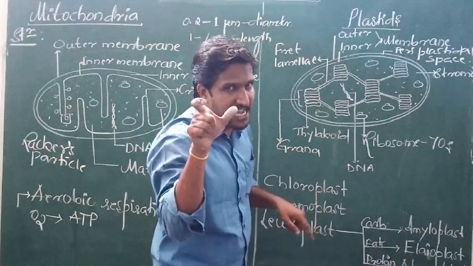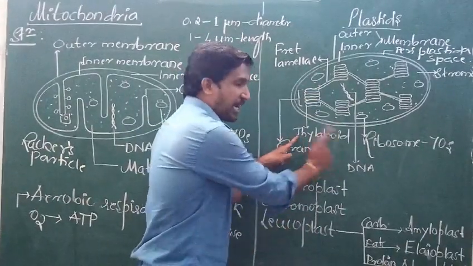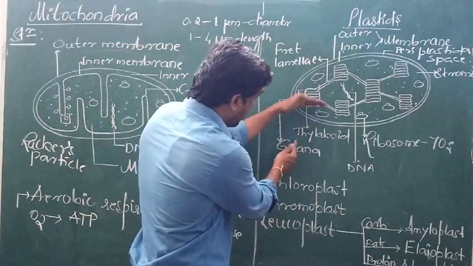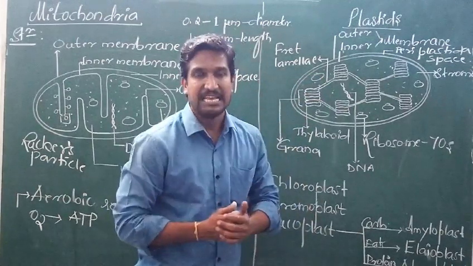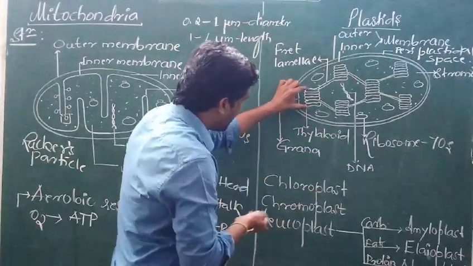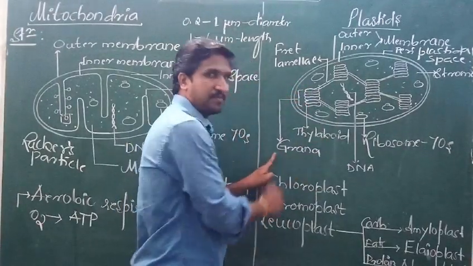Each one is called a thylakoid. These thylakoids are arranged one above the other, like a stack, S-T-A-C-K, a heap of coins. That structure is called the grana.